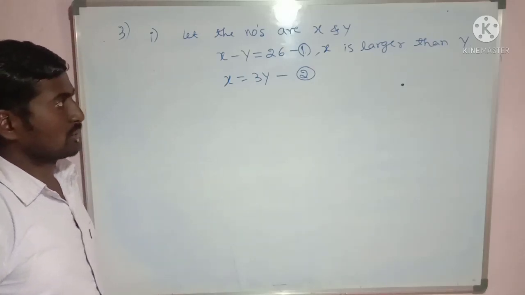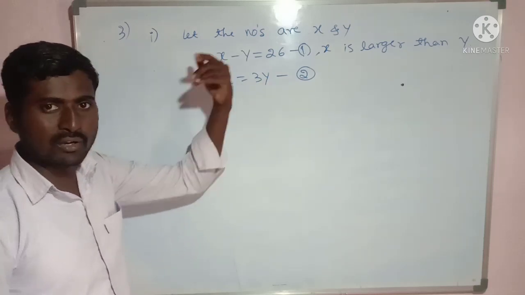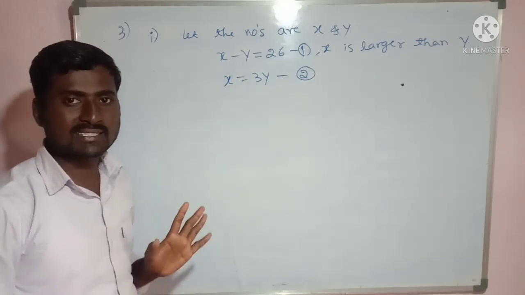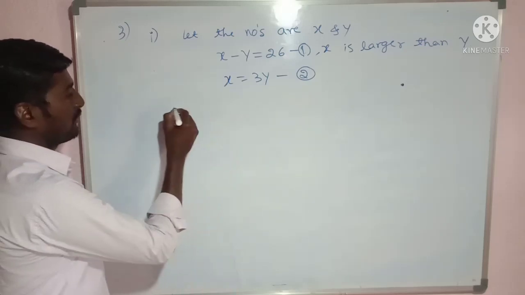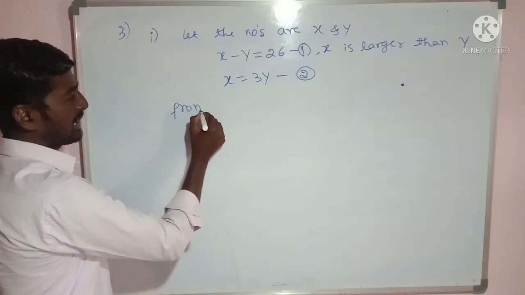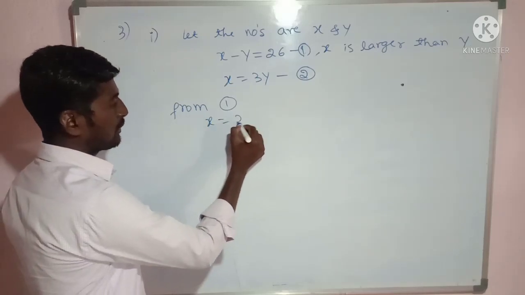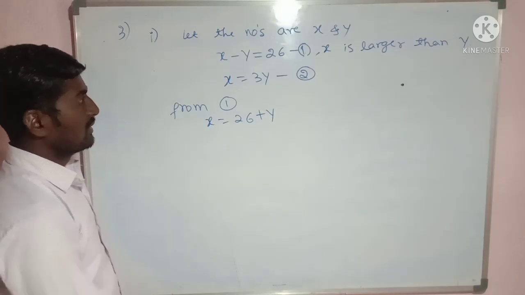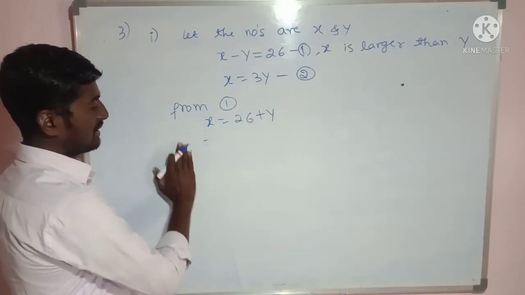Okay. So they asked you to form the pair of linear equations. We formed it. Then they ask you to find x and y by substitution method. Now from equation number 1, same procedure again. From equation number 1, x is equal to 26 plus y. Now put y value in equation 2.